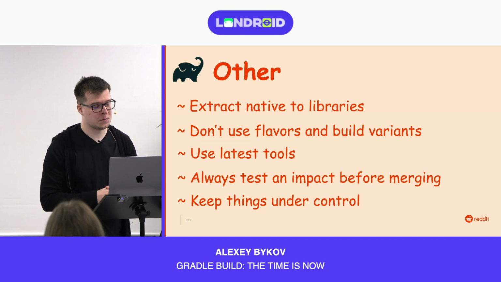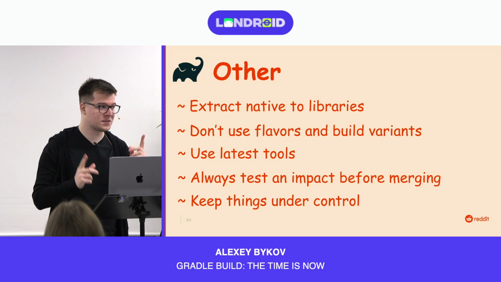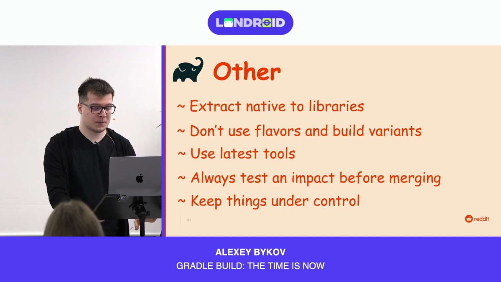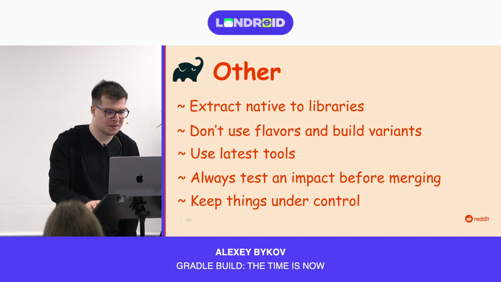So always measure the impact first, and only if you have the same numbers, ideally better, merge any changes. It's always better to wait for proper fixes from the Kotlin team and whatever team.